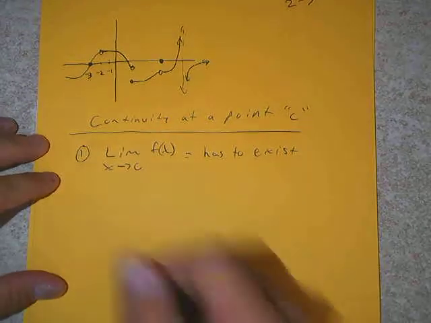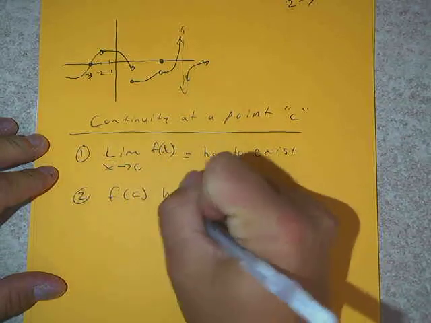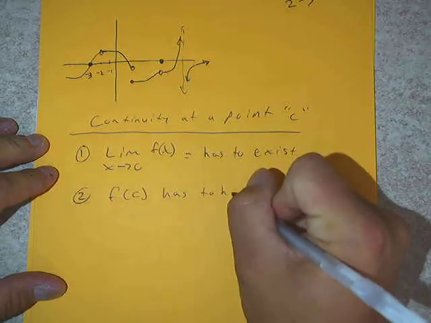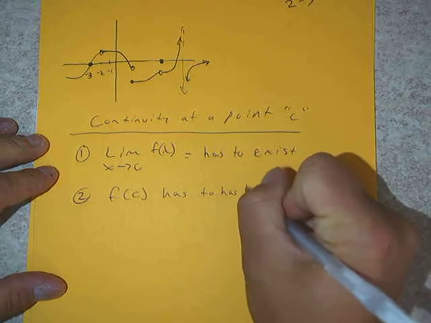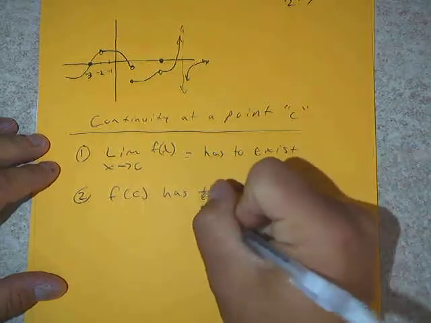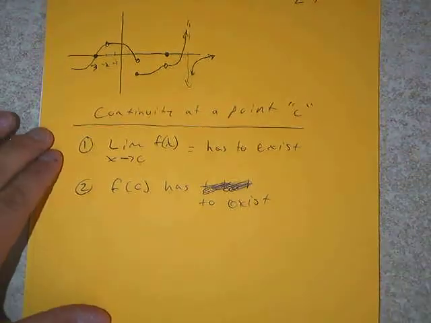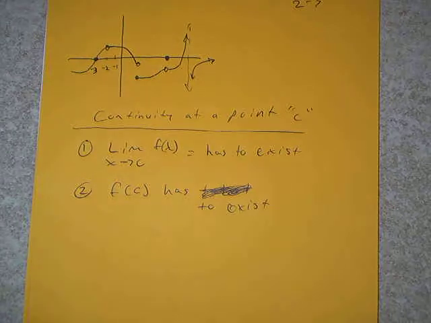It may turn out to be yes for all three, and if it is, then we can say yes, it's continuous. Number 2 is that f of c has to exist. So f of c has to exist. In other words, the function has to have a value at c.